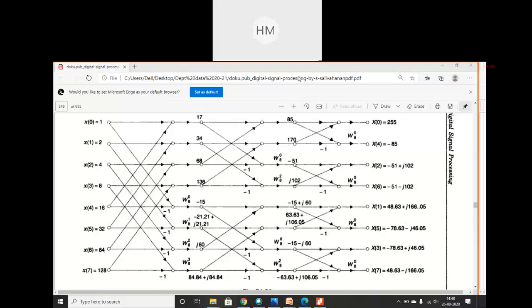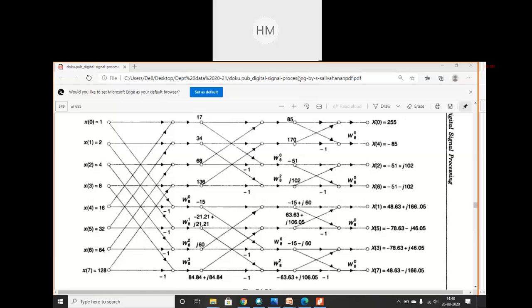This is for DIF. Okay, this diagram is for DIF. It takes time, but if you are moving step by step, you will get correct answers. So all the answers are there on the screen now. X5 भी आ गया सबका.